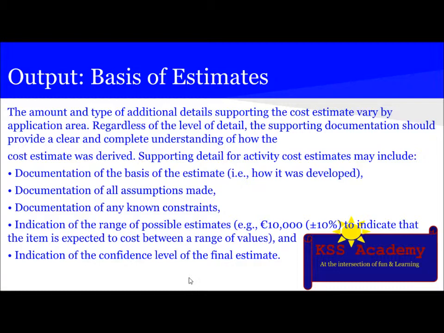The supporting detail for the activity cost estimate may include documentation of the basis of estimate, that is, how it was developed, then documentation of all assumptions made, then documentation of all known constraints, and then indication of the range of possible estimates, for example $10,000 plus or minus 10%, to indicate that the item is expected to cost between that range of values, and indication of the confidence level of the final estimate.